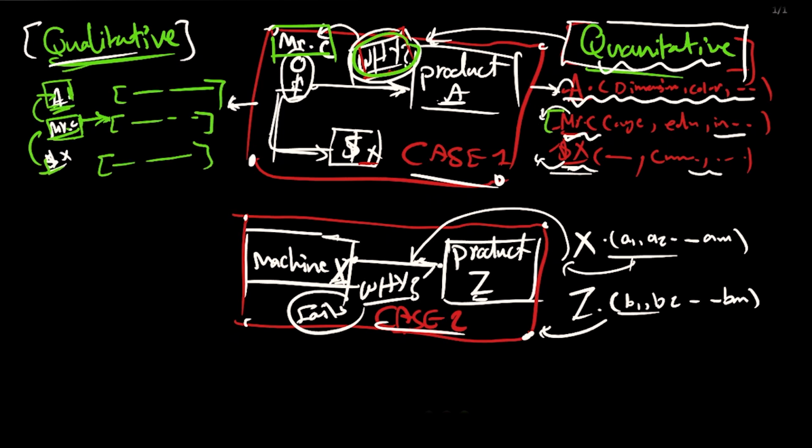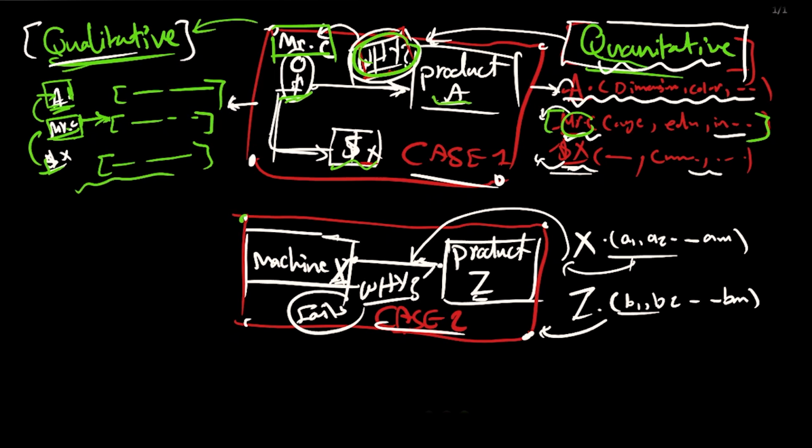If you look at the right hand side, when we used the quantitative, it wasn't about Mr. C personally, but it was generic in nature. It doesn't matter who the subject is, but we wanted to find an answer on why a customer was willing to pay that much money on such a product.